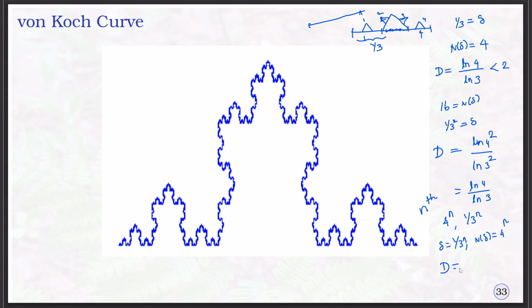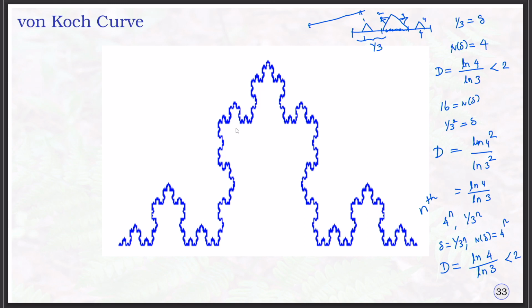So then one can get the fractal dimension or box counting dimension of the Sierpinski triangle when n tends to infinity, the limit is ln 4 by ln 3, which is less than 2.